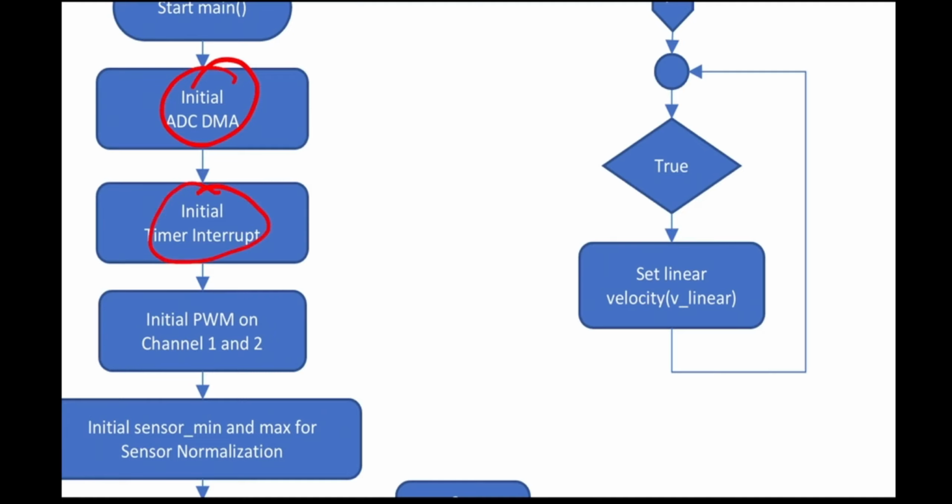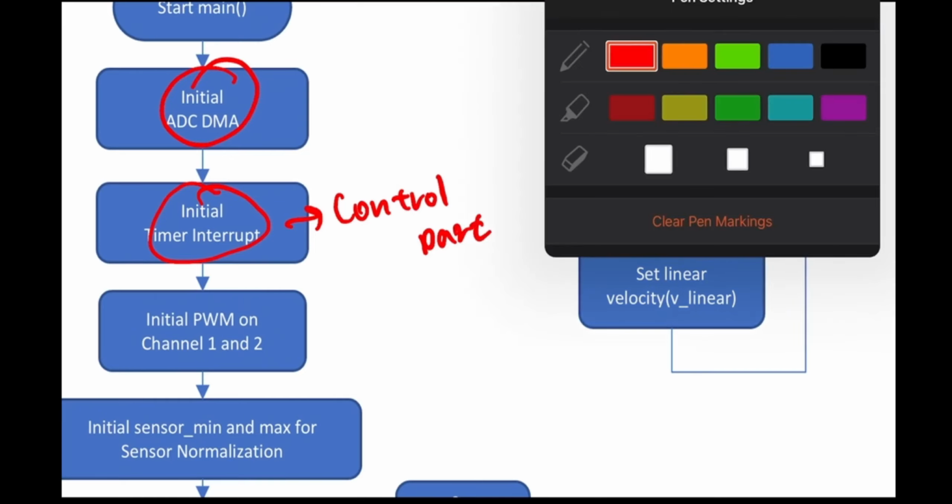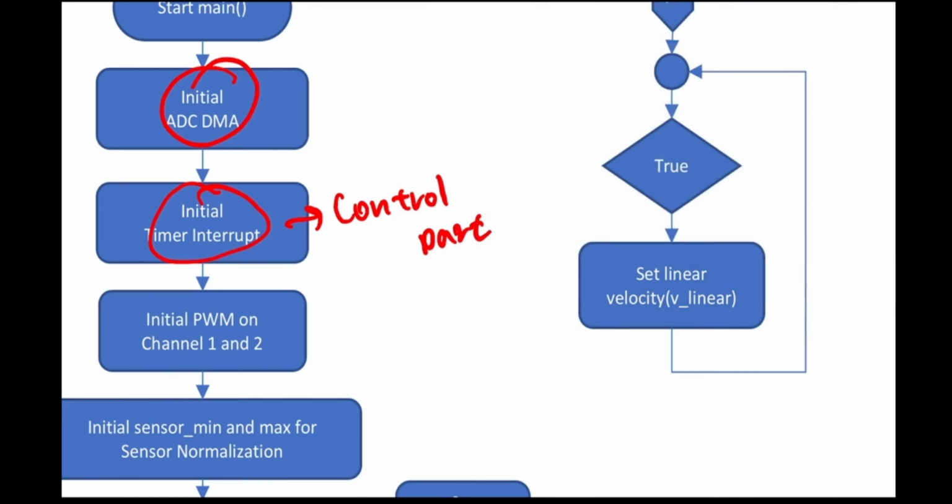And the second one, the timer interrupt, we use it for the control, to execute the control path. And then initialize PWM on channel 1 and channel 2, we need it to control the motor left and also right.